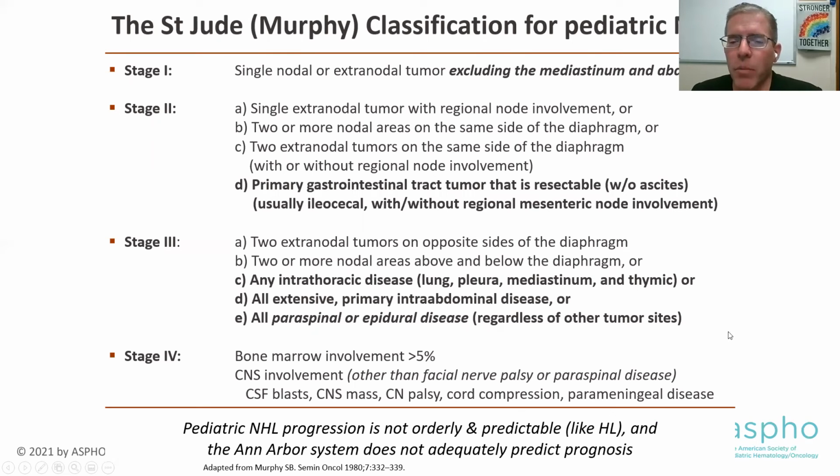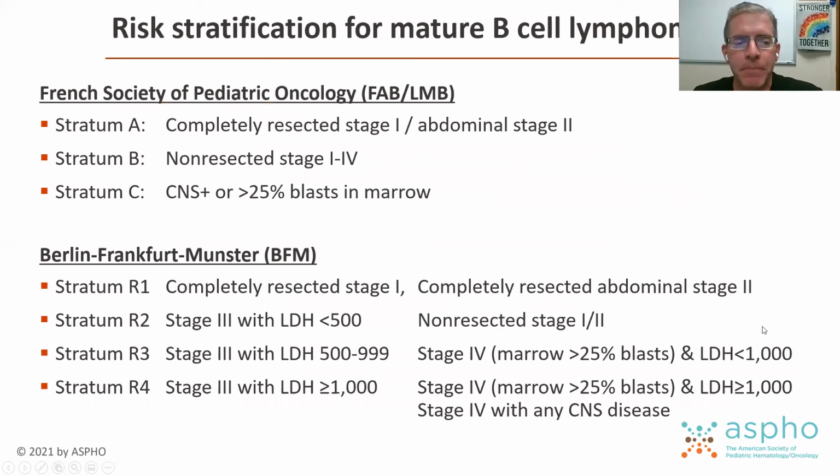We use this staging as opposed to the Ann Arbor staging because pediatric non-Hodgkin lymphoma progression is not orderly and predictable like Hodgkin lymphoma. And so the Ann Arbor staging system does not adequately predict prognosis. There's a couple different risk stratification schemes. Most recently, we've used the FAB-LMB. And so stratum A is any completely resected stage 1 or abdominal stage 2.